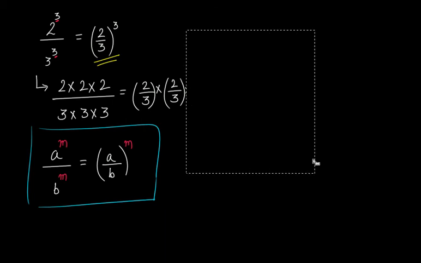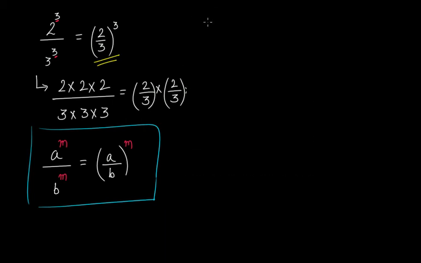Let's say we have 3 to the fifth power divided by 5 to the fifth power. Then according to the fifth law of exponents, this will be 3 divided by 5, that is a division of the two bases, and this will be raised to the power 5, that is equal to the exponents here, which are the same in this condition. So this is 3 divided by 5 to the fifth power.